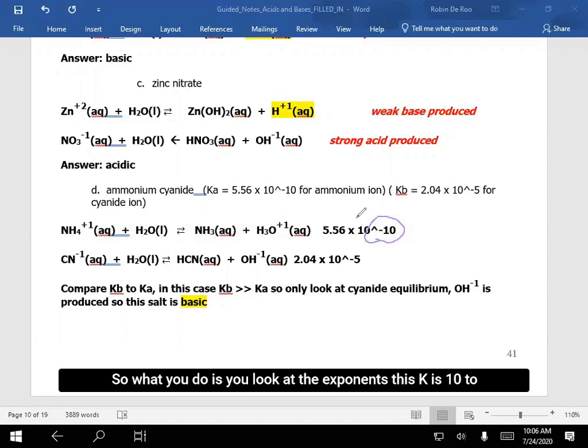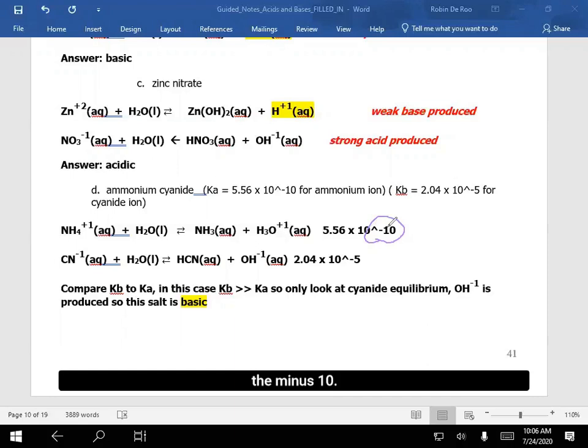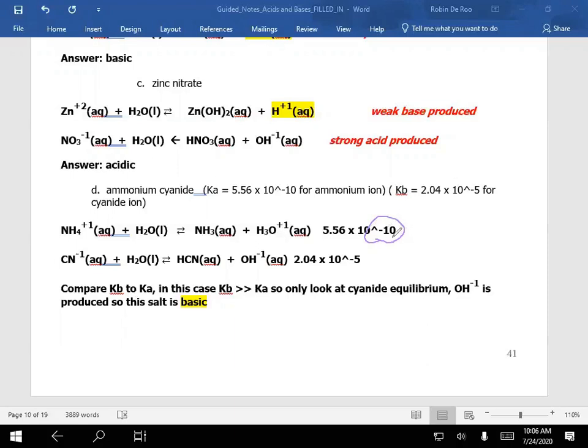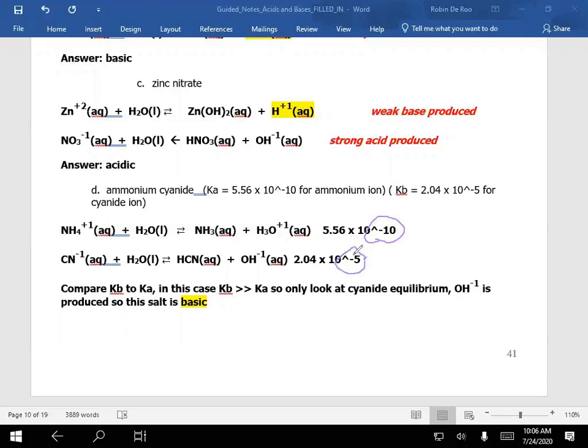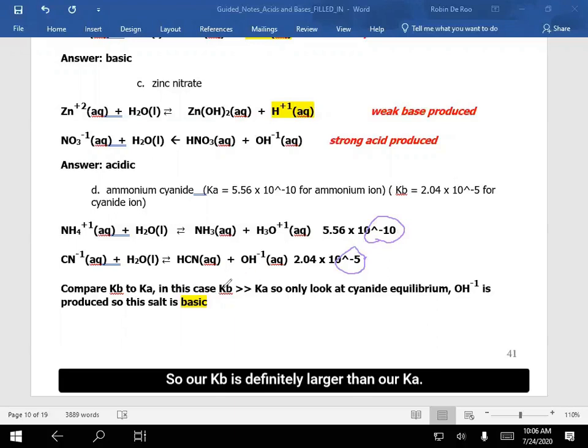This Ka is 10 to the minus 10. This Kb is 10 to the minus 5. So our Kb is definitely larger than our Ka. So what that means is we only look at the cyanide equilibrium.